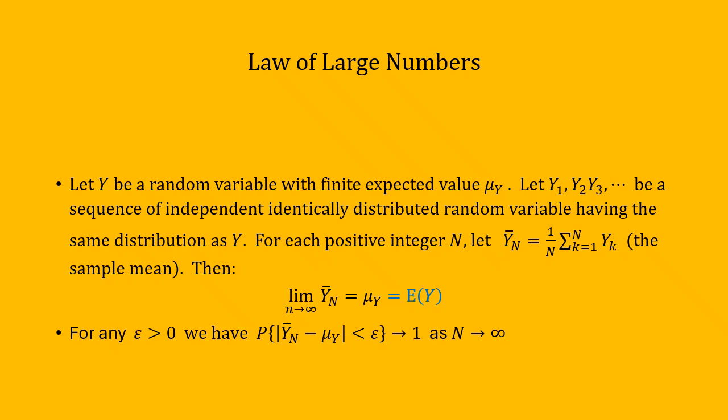So what that means is that as n goes to infinity, the value of y sub n bar gets closer and closer to mu sub y. All of the probability weight of that random variable gets concentrated in a small region around the number mu sub y.